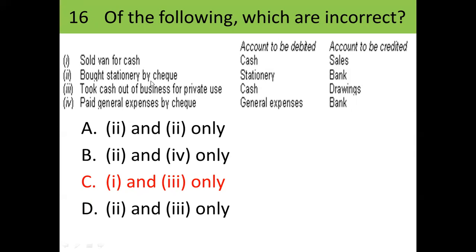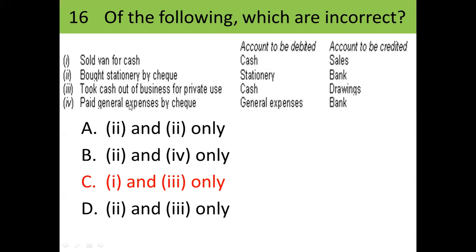Bought stationery by check. We debit stationery and credit bank. Yes, it's true. Third transaction, took cash out of business for private use. We debit cash and credit drawings. No. We have to debit drawings and credit cash. This transaction has reversed the accounts.